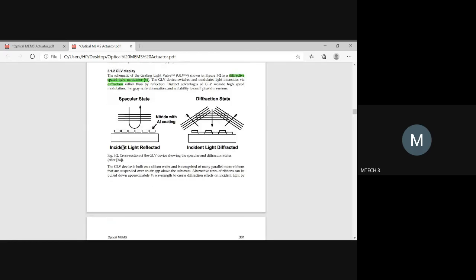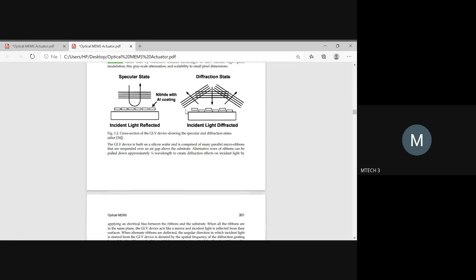It could be either incident light reflected, or incident light diffracted. It could reflect, so this is totally reflected. Or it is diffracted: the light is coming here, it is incident, but it is diffracted into different directions. It depends whether it is reflected back totally or diffracted. Depending on that, you have two devices under GLV.